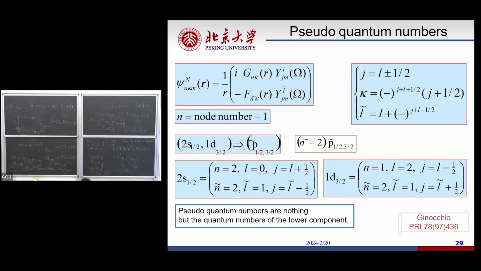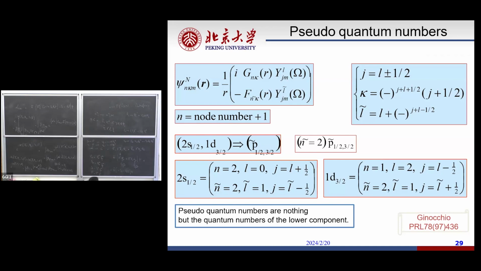If there are 0 nodes, then n equals 1; otherwise, simply plus 1. Kappa is related to the orbital angular momentum and the total angular momentum.